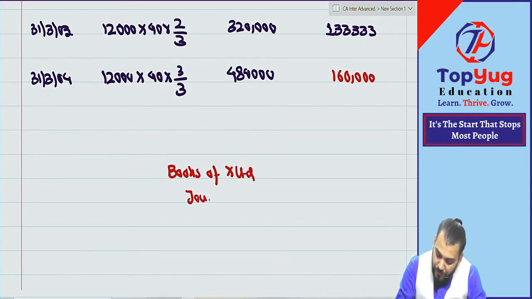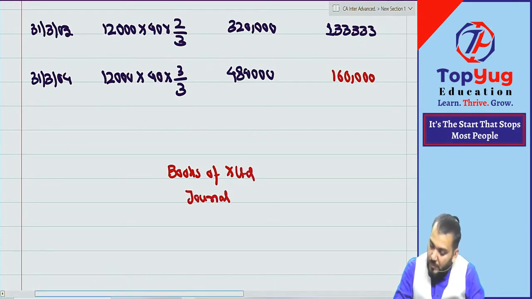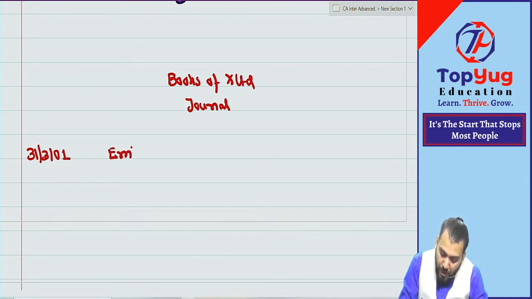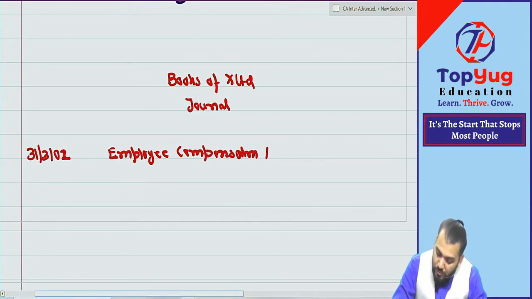Journal. First journal entry 31st March 2001. Employee compensation account debit to what?